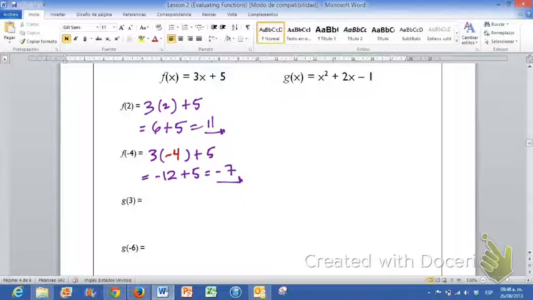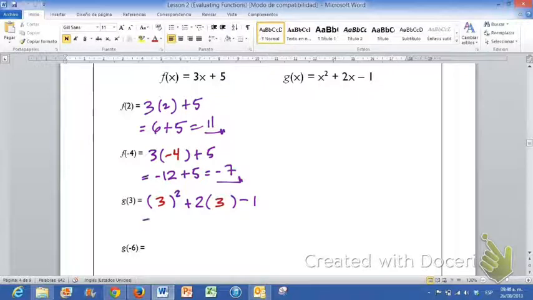So we have to go to the function g. Okay, we turn to the other function, which is x squared plus 2x minus 1. So I'm going to replace the x again in this expression. Okay, now the value that I have to write is, they are telling me is 3. Okay, so I use 3, right, instead of x.